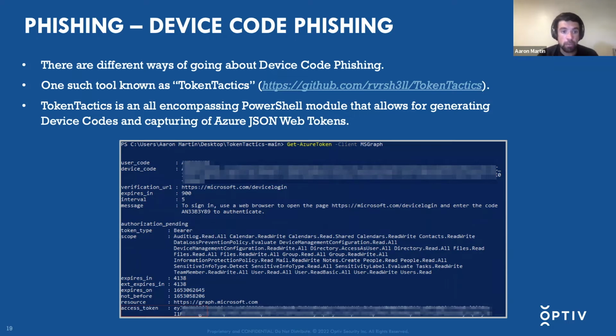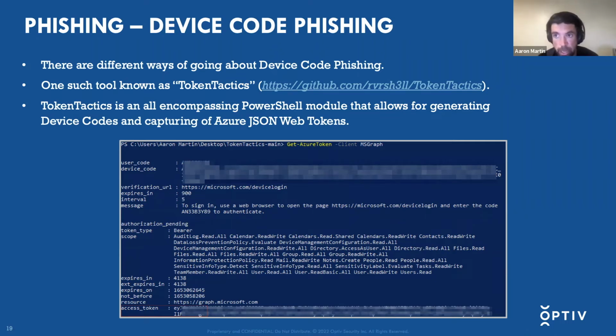So when they actually enroll here, you're polling this site every 10 seconds, and you'll gain access to their refresh token as well as their access token for whatever client API you requested. As you can see here, in this case we requested an access token for MS Graph.